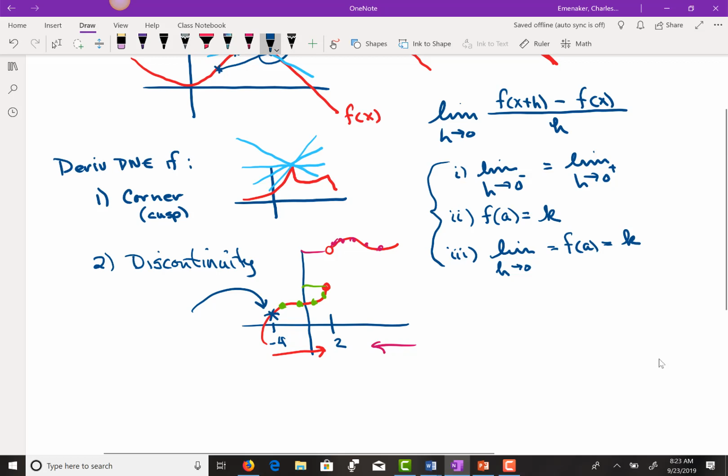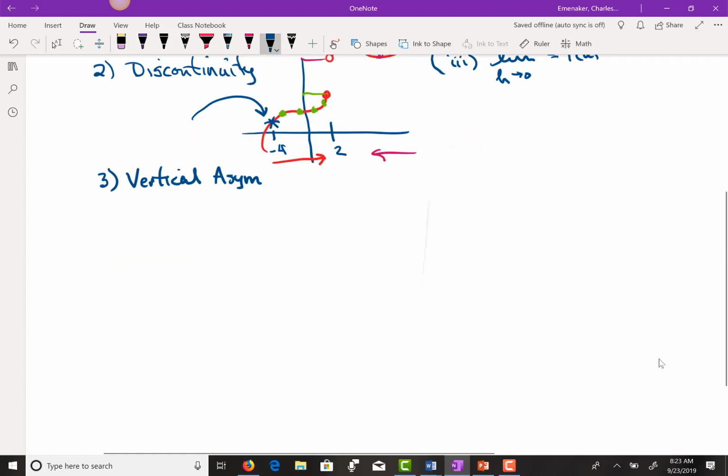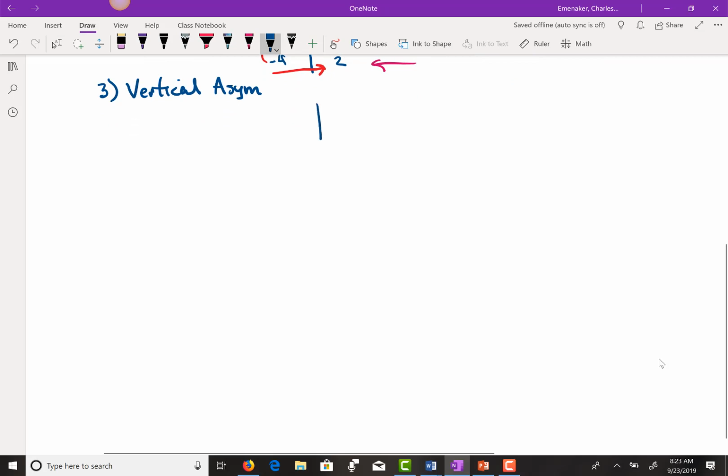Third potential problem is if you have a vertical asymptote. With a vertical asymptote, what's going to wind up happening is you have some kind of an equation and it's approaching either infinity or negative infinity, and whichever it is, let's call this the point x equals 4.